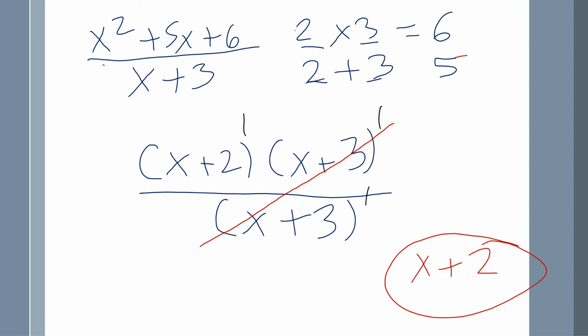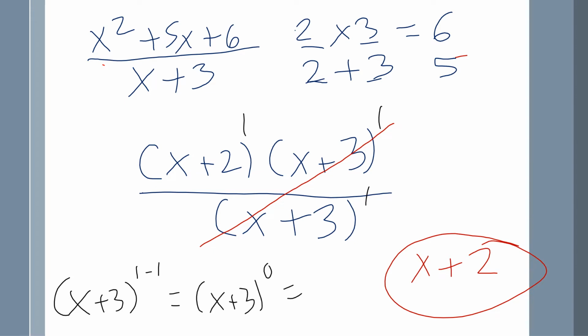But because x plus 3 is the same base, you could subtract the exponents. So it goes x plus 3 to the power 1 minus 1, equals x plus 3 to the power 0, which gives you 1. Easy.